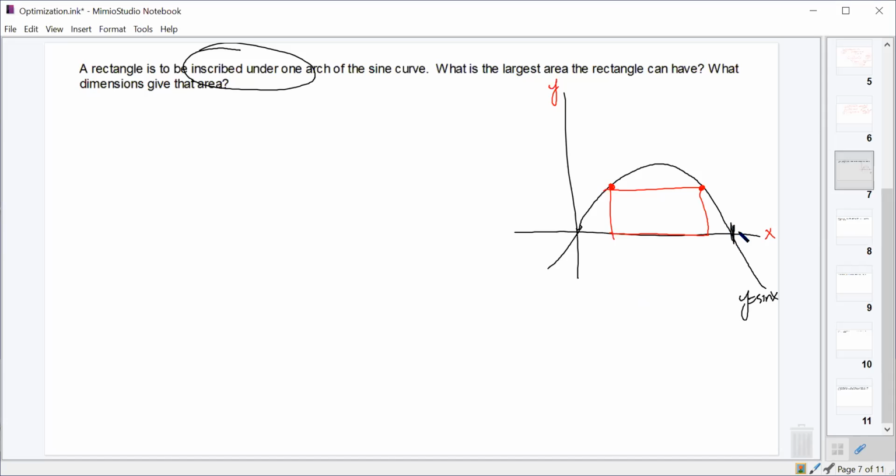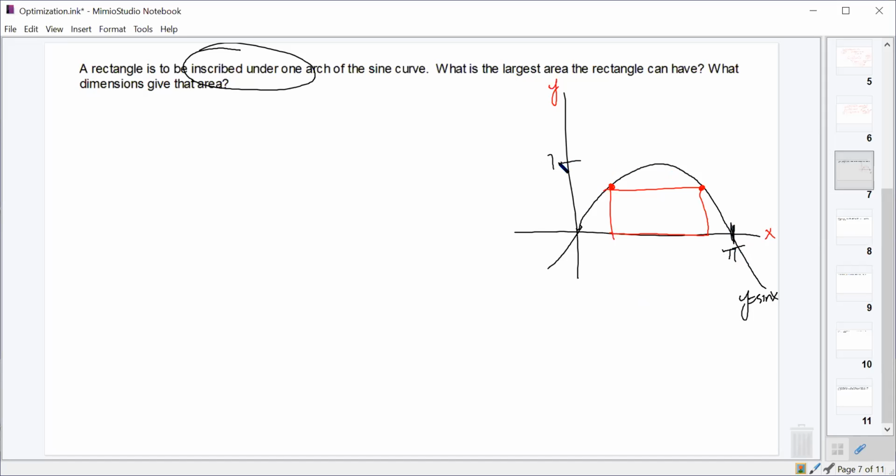At pi. So that's one thing we can label. What else can we label on here? The height is 1. The peak of the height. The highest point we go up to here is at 1. Okay, good. I think that's about all we could probably label right off the bat.